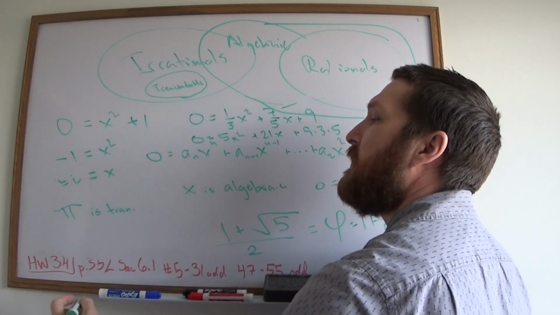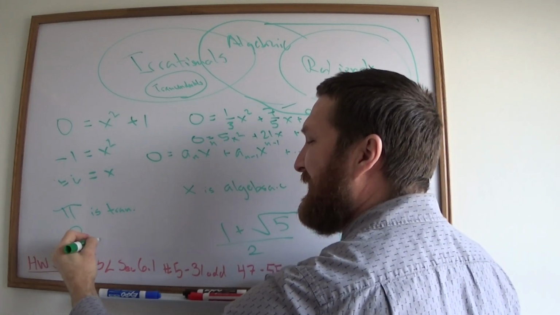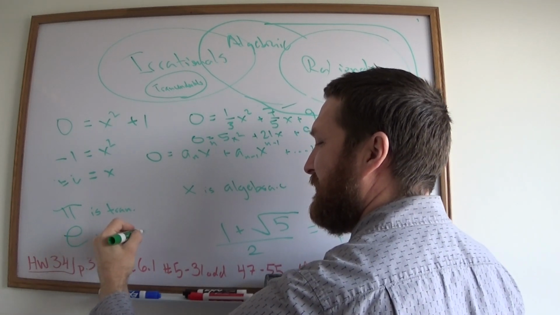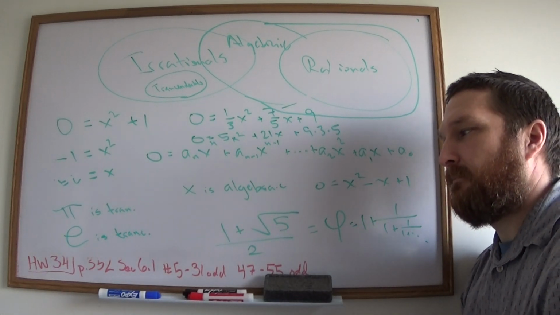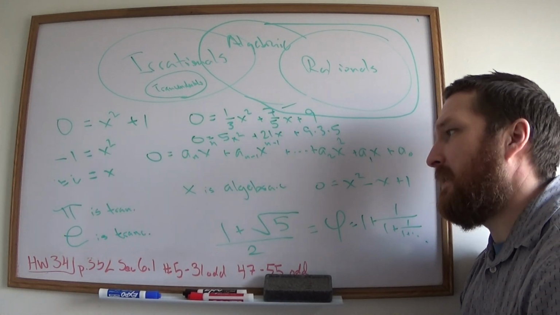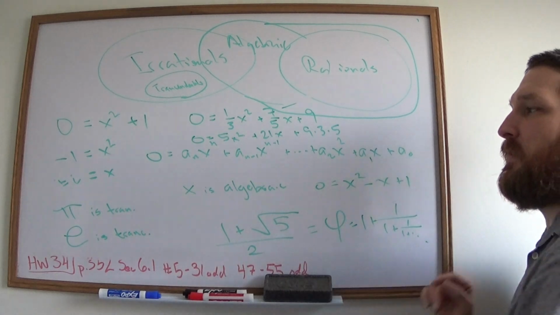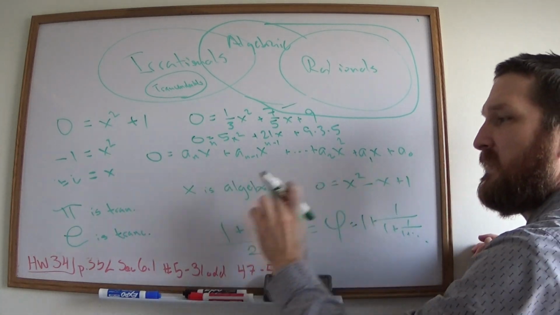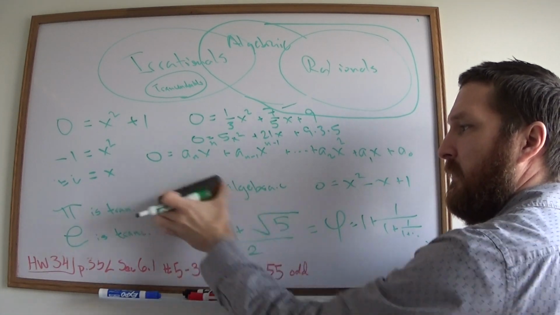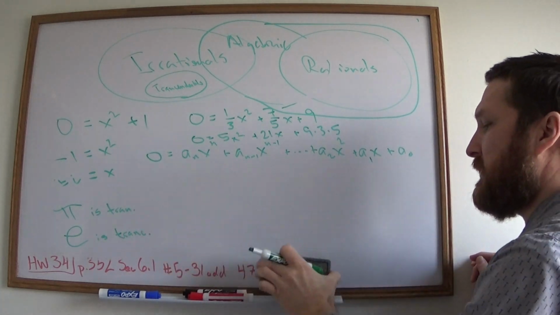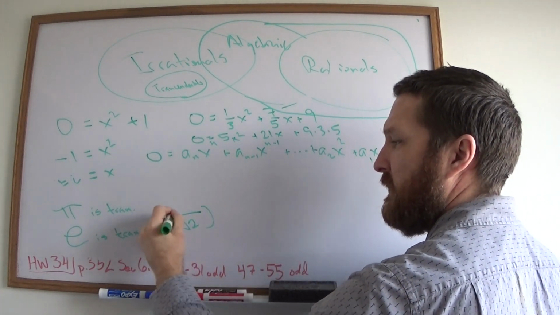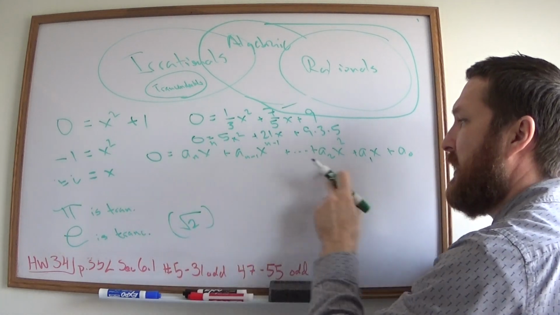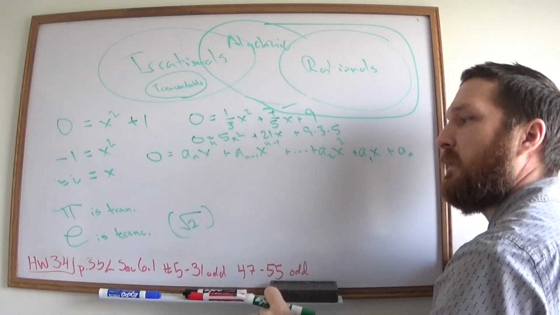Pi is transcendental. e is transcendental. And then all the multiples of those, too. In other words, there is no way of taking e. So you could take root 2. Give me root 2, and I want to somehow get it to equal 0.